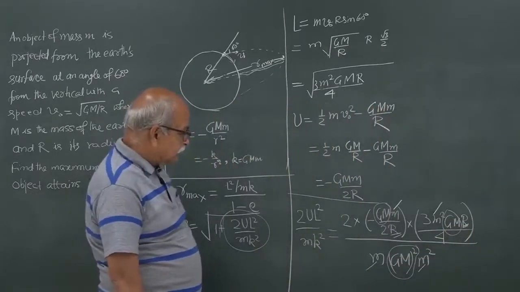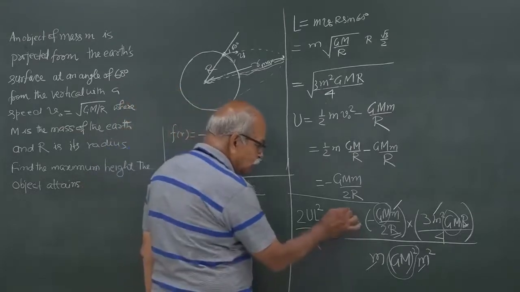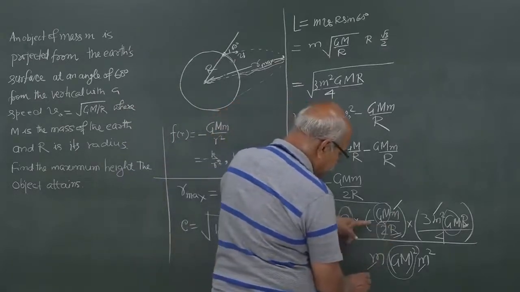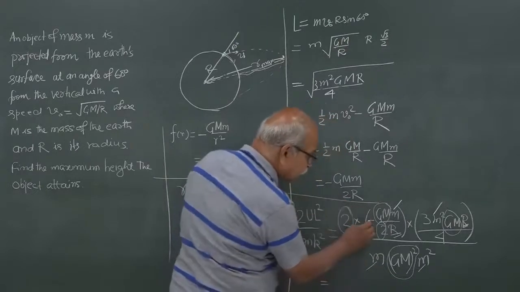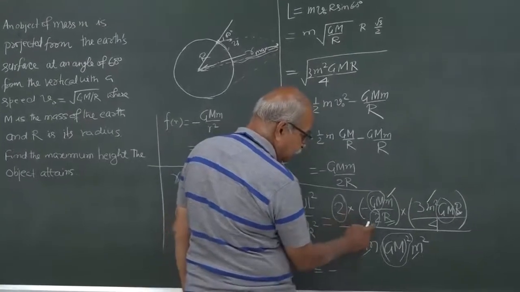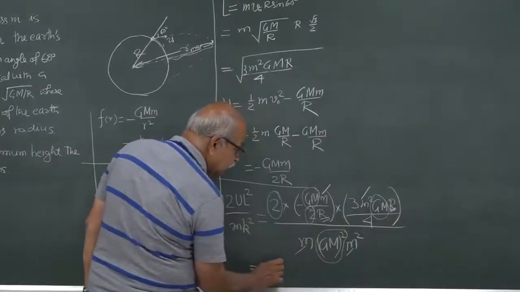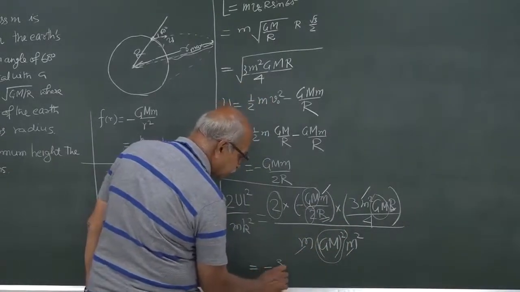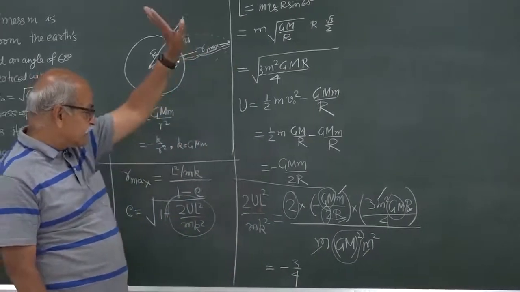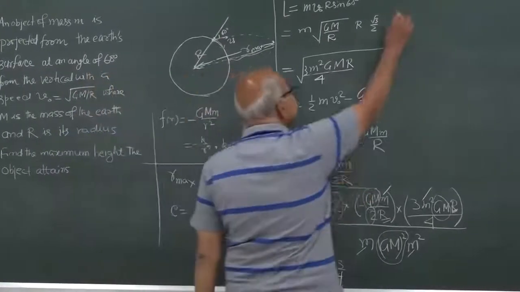So, what is left? Only the numbers. This 2 can be cancelled with this 2. So, it is minus, into 3 by 4, and everything else has cancelled out. So, this quantity is minus 3 by 4.